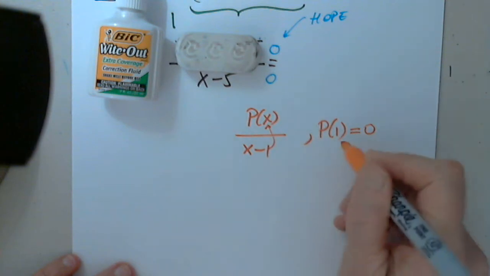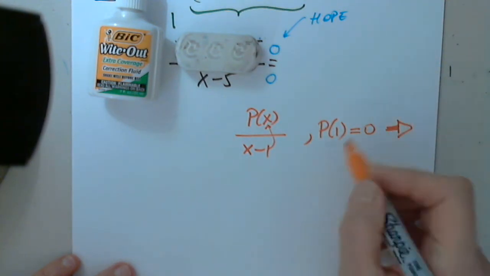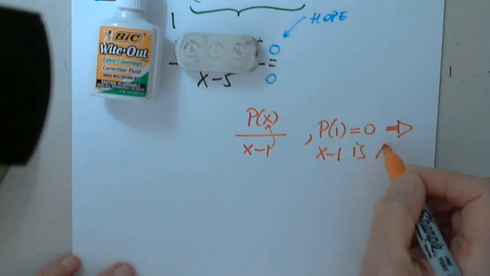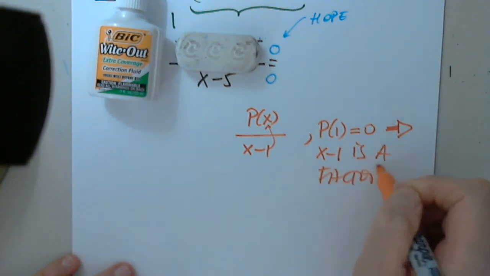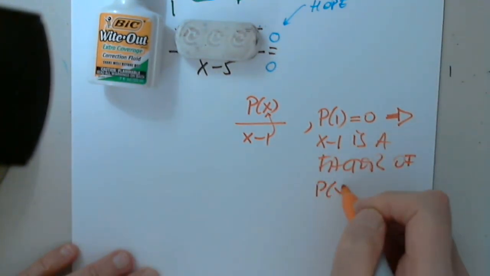So p of 1 is 0. This implies x minus 1 is a factor of p of x.